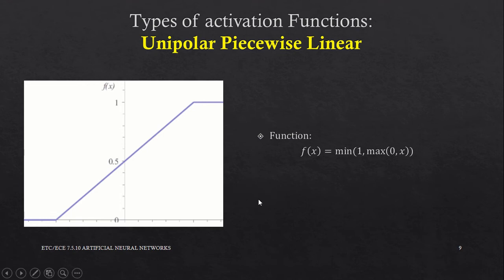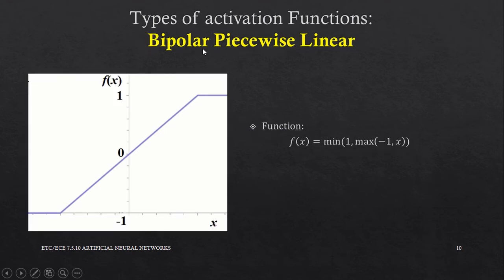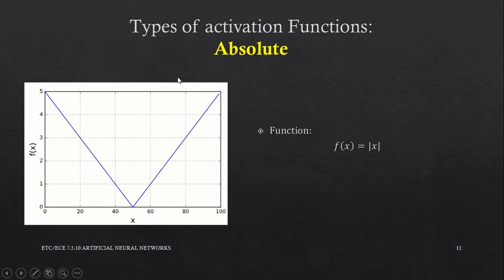Next is the bipolar piecewise linear function. It is given as f of x equals minimum of 1 and maximum of minus 1 and x. Next is the absolute function. It is given as f of x equal to the absolute of x. This is what it looks like.